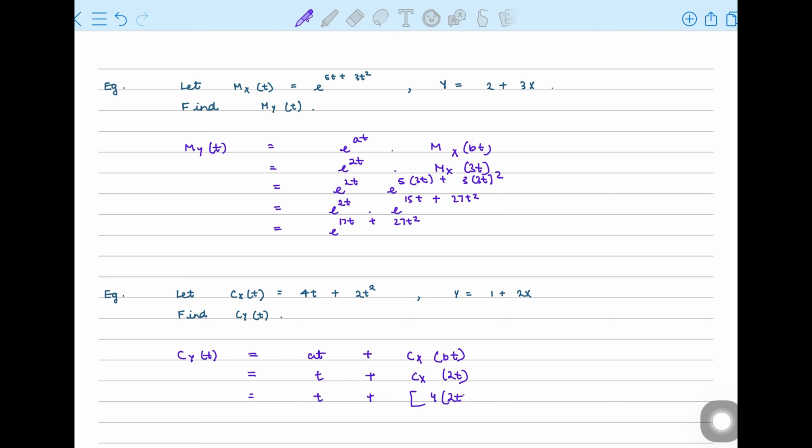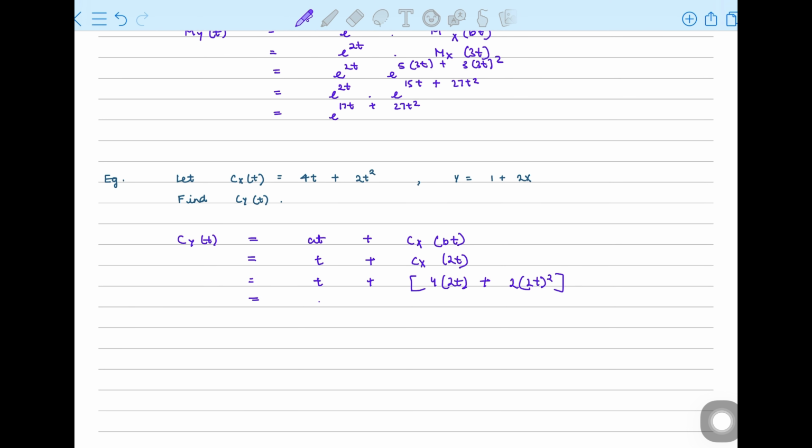Then we insert 2t in place of t. This gives us the final CGF with respect to the random variable y.